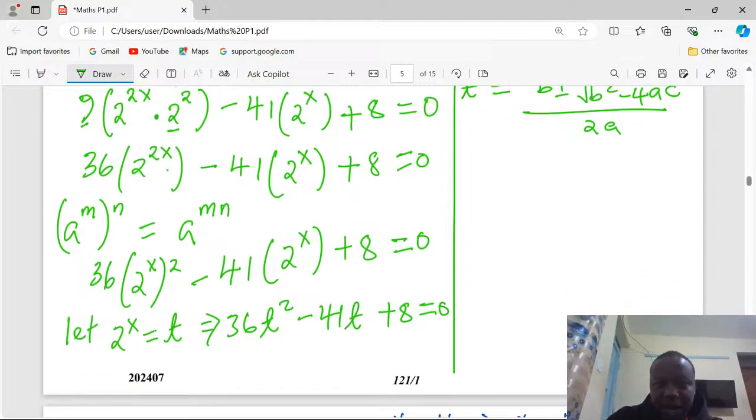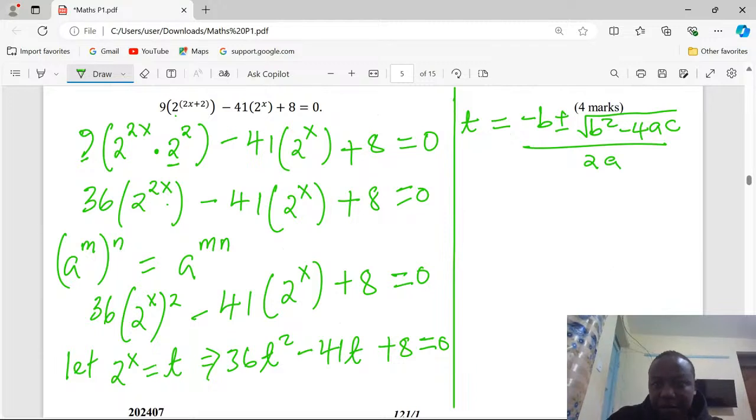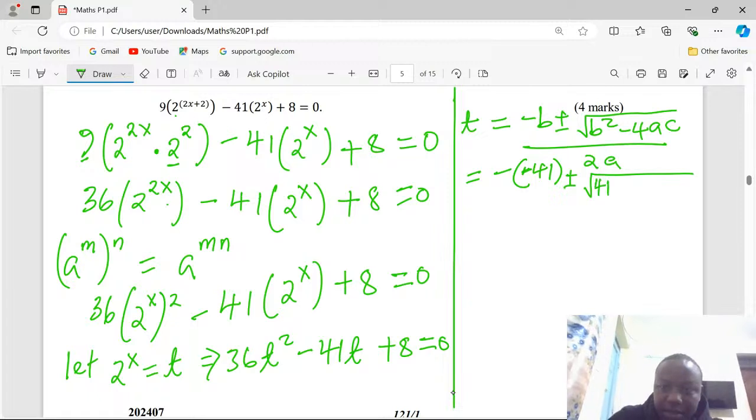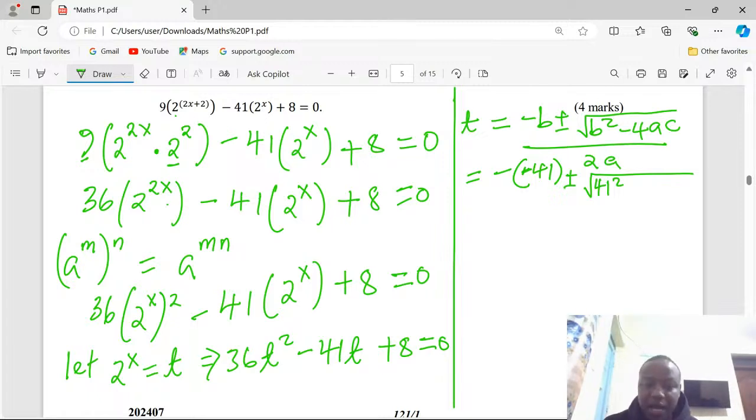So at this level now we can substitute because the formula is direct. The value of b is negative 41. So we have negative negative 41 plus or minus the square root of 41 squared, because it's our b. Remember, when you square a negative number, the negative will disappear. Therefore, writing it as negative 41 or 41, it's all the same.